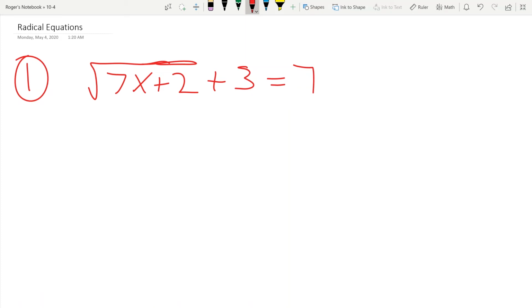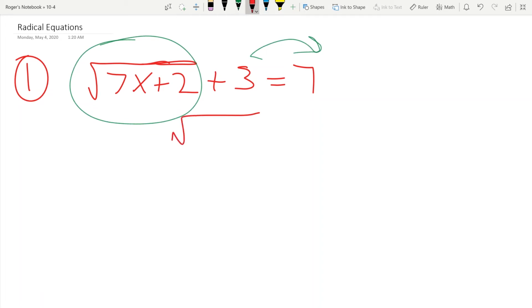So the first thing we do is to isolate, or the objective is to isolate the term that involves the variable. So you see the variable x is part of the radicand. So what we would want to accomplish then is to isolate the term that involves the variable. We want to isolate this radical, if you like. So we need to take the 3 to the other side, as we're accustomed to doing. So here we go.